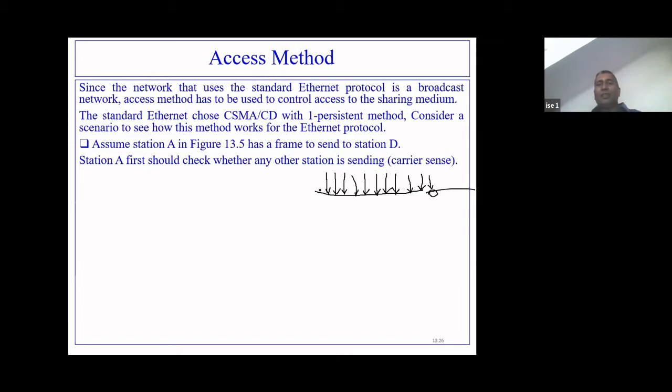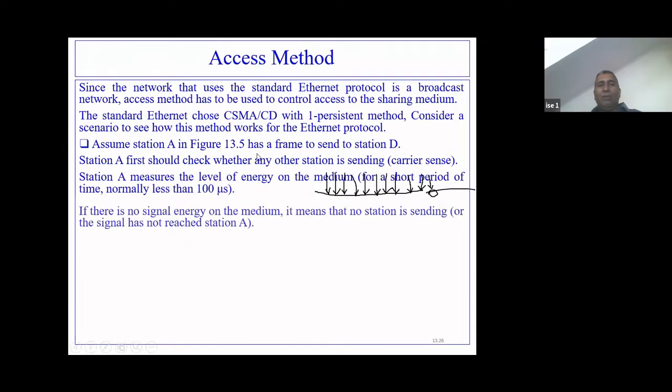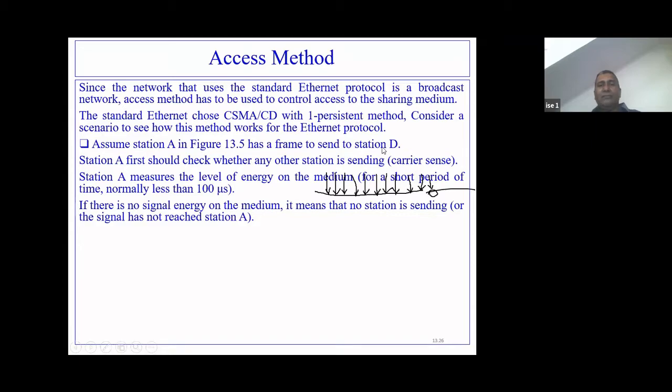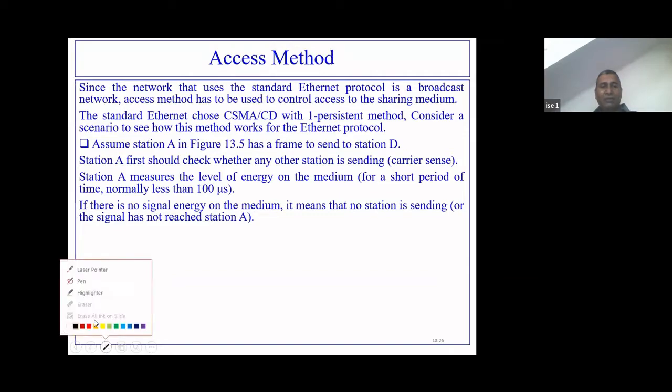So this was called the one persistent method. This is the scenario which we had seen earlier. Here in figure 13.A, station A wants to send a frame to station D, and it uses the one persistent method for doing so.